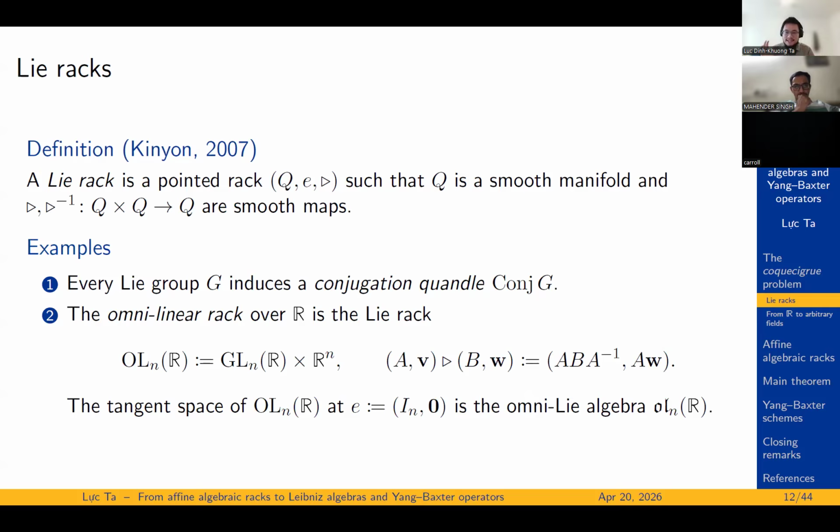And then the rack operation is given by conjugation in the first variable, and in the second variable by having the left matrix act on the second vector. And if this reminds you of the Leibniz algebra, little ol_n, the Loday-Lie algebra, then it should, because it turns out that the tangent space of big OL_n at the natural unit really is little ol_n.